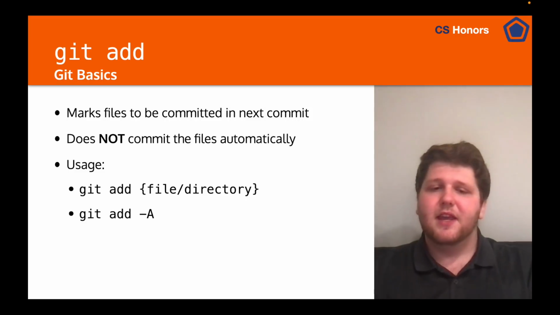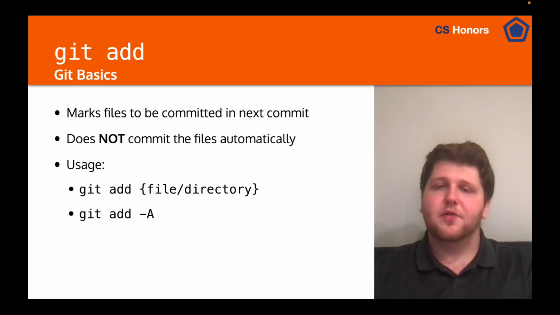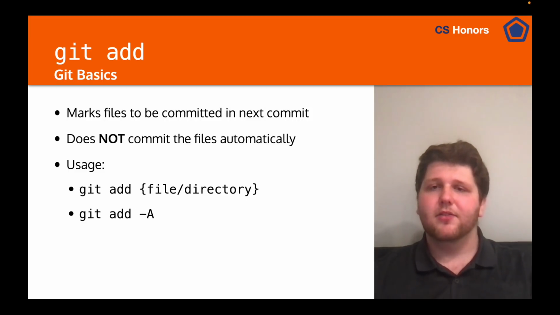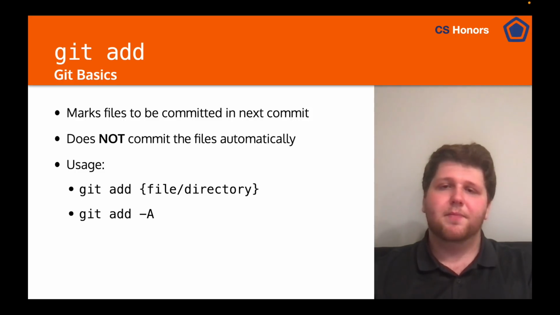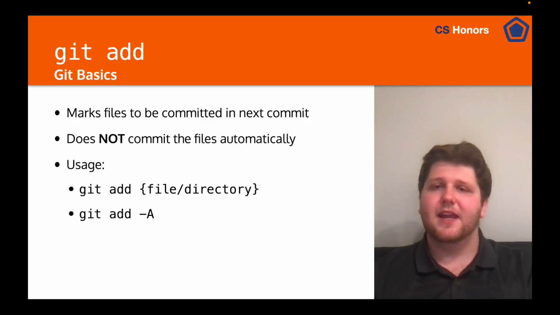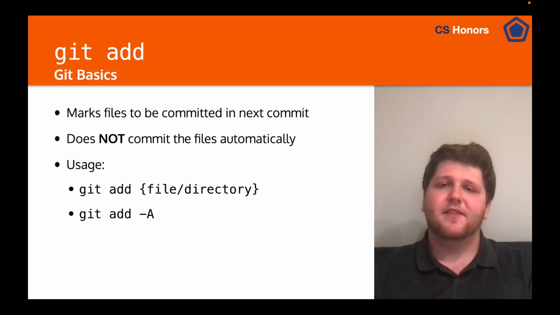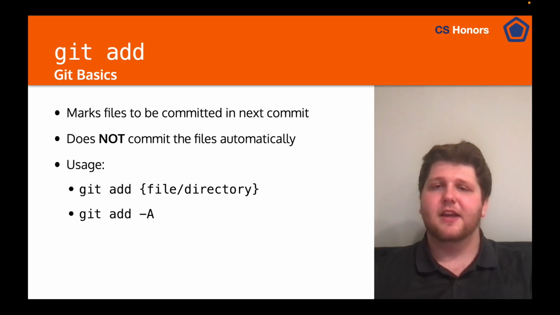You can also do git add -a, which is going to add any and all files that are in the repository. So be very careful with that one, because it can obviously be a pretty big change depending on what you're using. Be careful especially if you have some sort of artifact from when you compile something, because usually these can get caught up with git add -a.